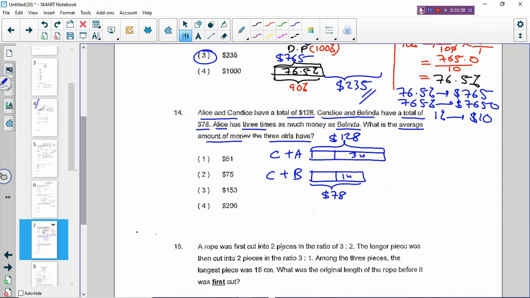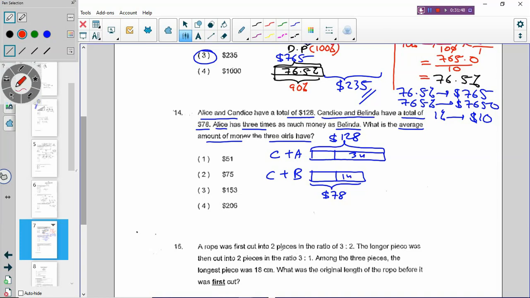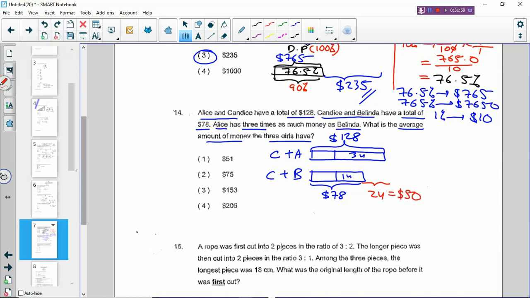So what is the average money the 3 girls have? To find the average, you must find the total money they have. Then later you divide by 3. So you look at the model, and you can use the model to find the difference, which is 2 units. And 2 units is $50. You take 128 minus 78, you get $50.